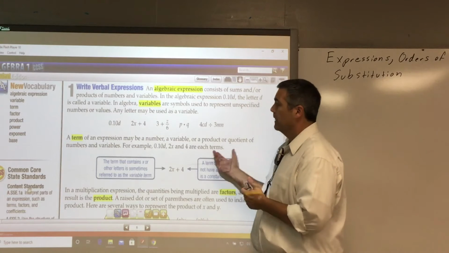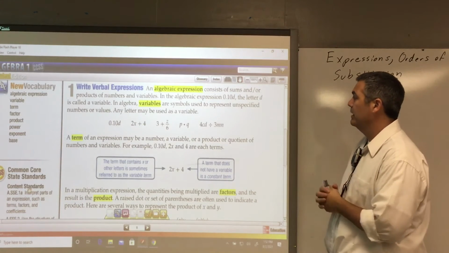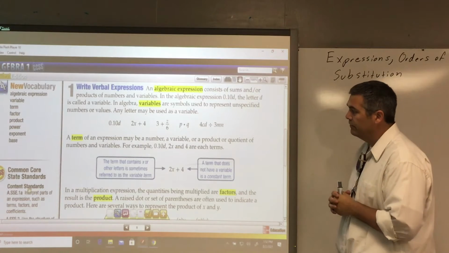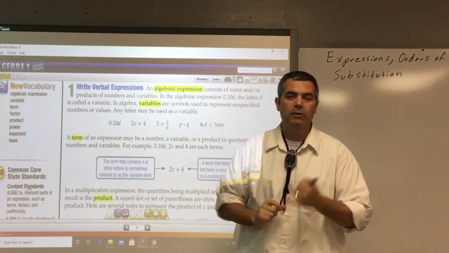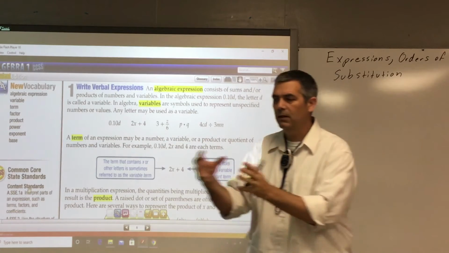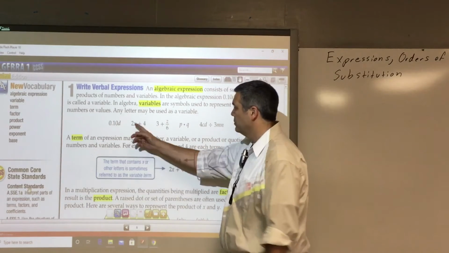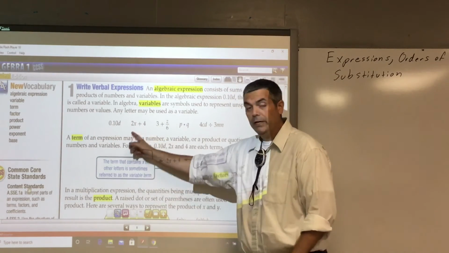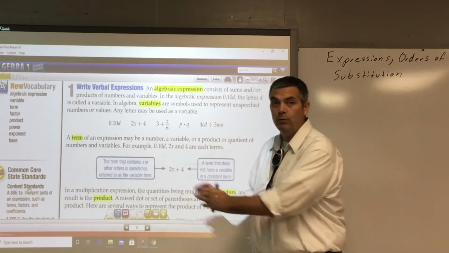A term of an expression may be a number, a variable, a product, or a quotient of numbers and variables. A term is separated by addition and subtraction. That's what you're looking for. So like this, 2x plus 4: the 2x is one term, the 4 is one term.